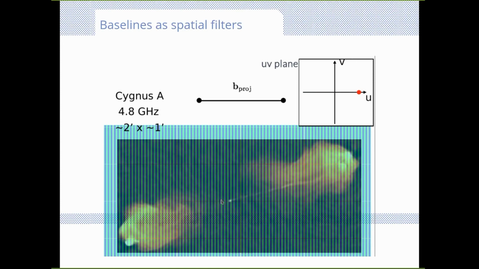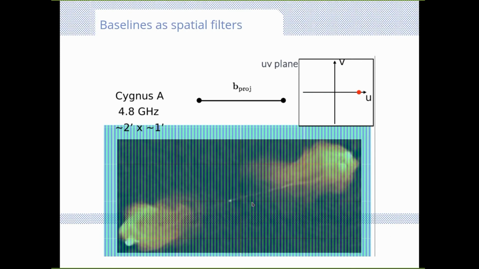So this is exactly what we see. Now if we integrate over the fringes that are projected onto the sky, then what we're going to be mostly sensitive to is all the very fine scale structure in the sky. So the nucleus by itself, the fine scale structures of the jet, where it drops off rapidly or changes rapidly.